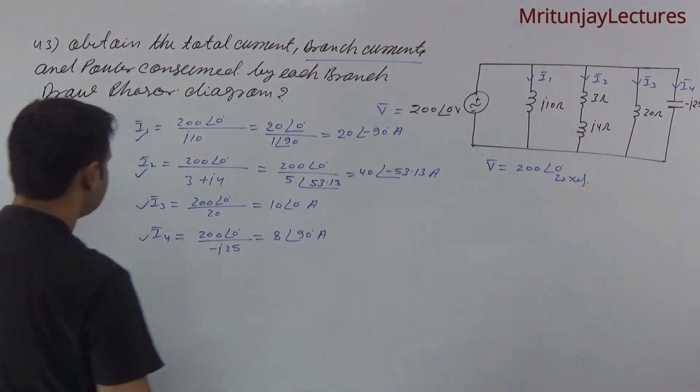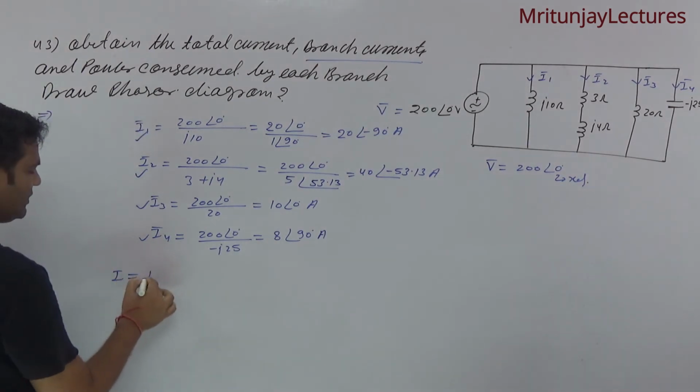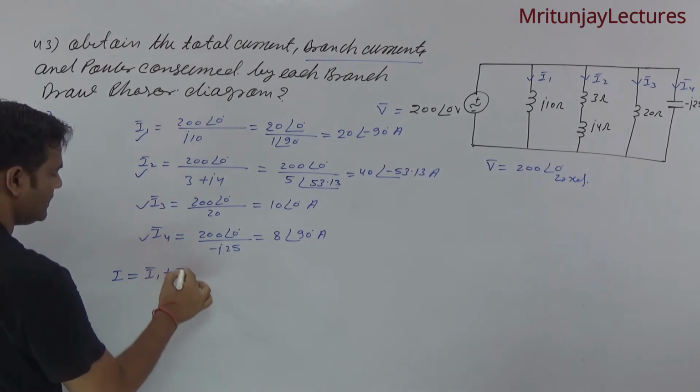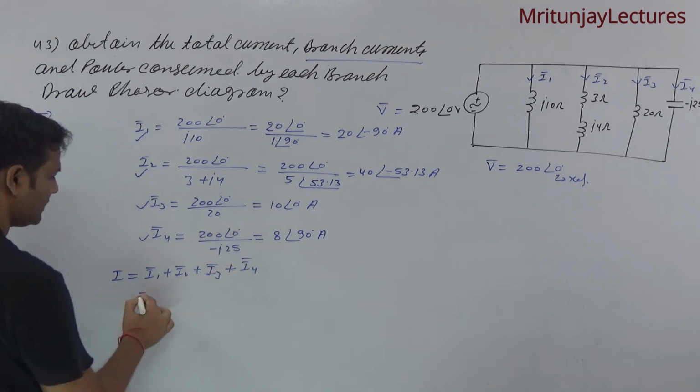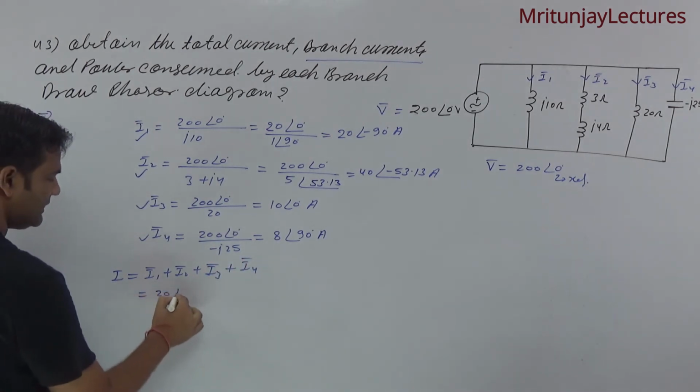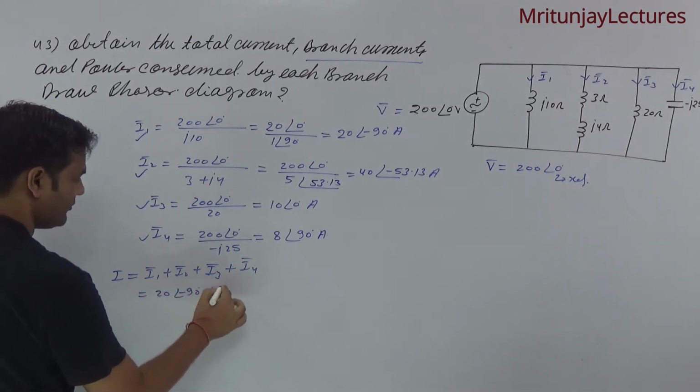What about net current? I is equal to I1 plus I2 plus I3 plus I4.